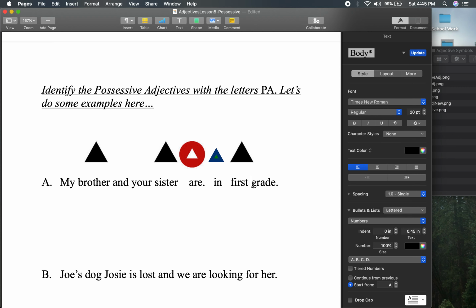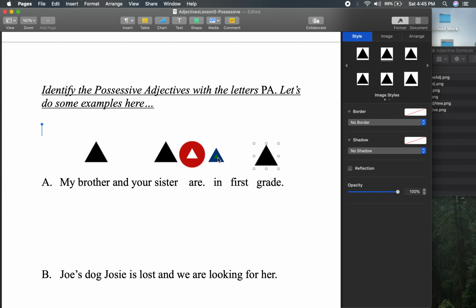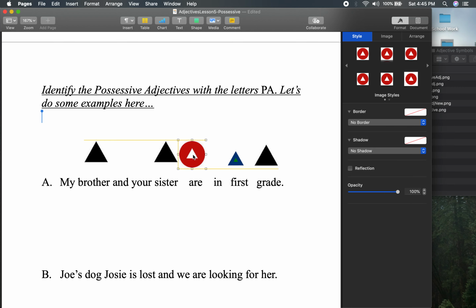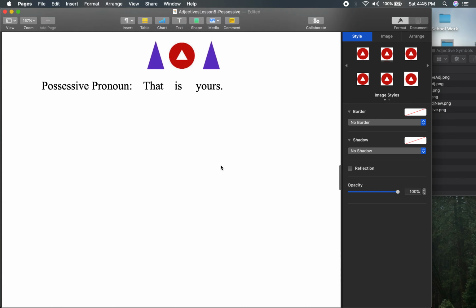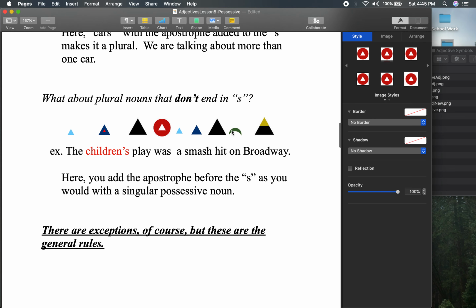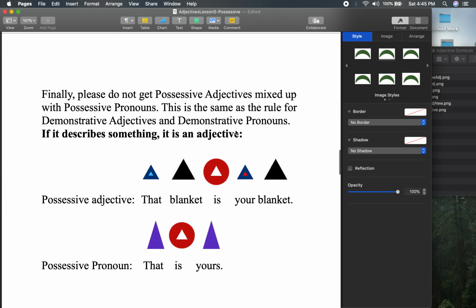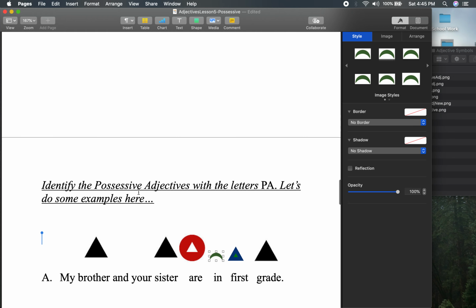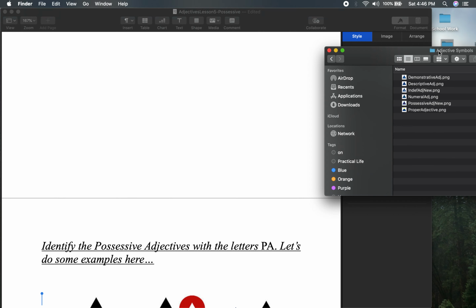Just make sure. Okay. In is a word of relationship, which means it's a preposition. In first grade. And is a conjunction, don't have any there.